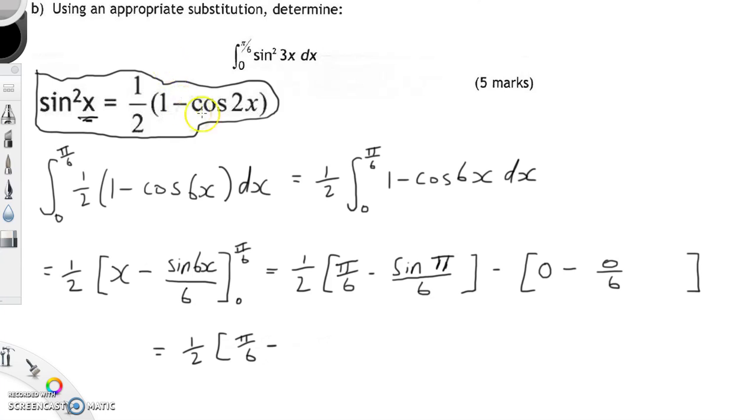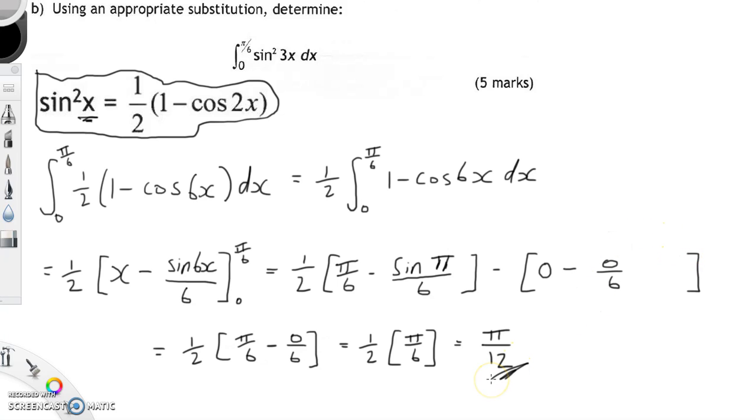So it's going to be 0 over 6 in this position, which is 0. So this becomes a half times pi over 6, and by our rules of fraction multiplication, we multiply the tops. 1 times pi is pi, and 2 times 6 is 12, and we get pi over 12.